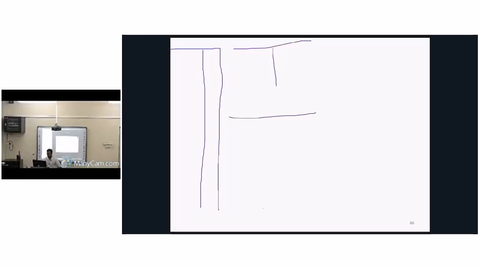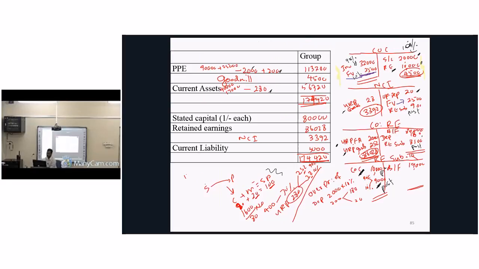This is consolidated retained earnings. This is retained earnings of subsidiary. This is my NCI account. These are the accounts I need. I'm going to redo it again because it is not that clear. Alright, let's start one by one.